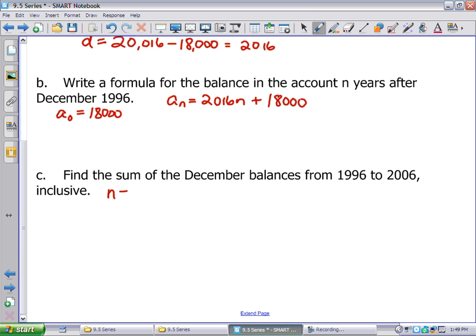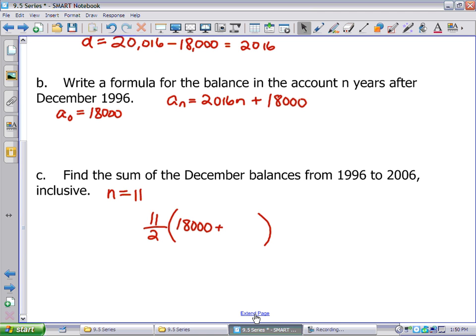So we're going to say when N is 11. Well, if you remember from our arithmetic sum of a finite sequence, you take your N, which is 11, divide it by 2, multiply that by the quantity of the first term, which is 18,000, plus the last term.